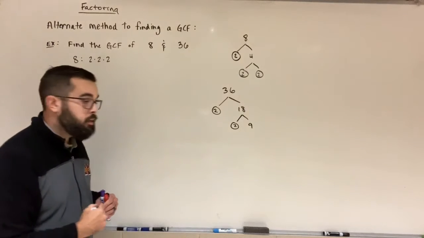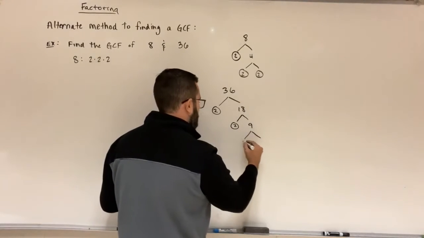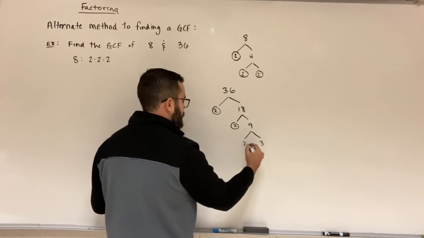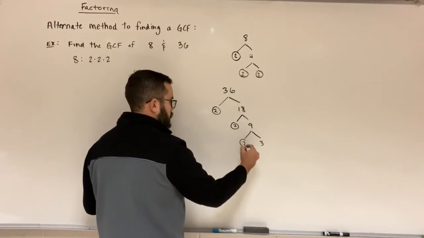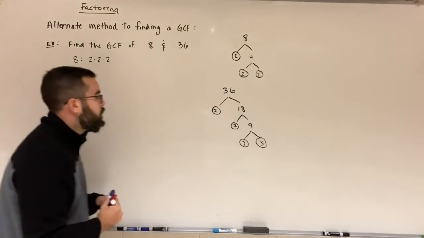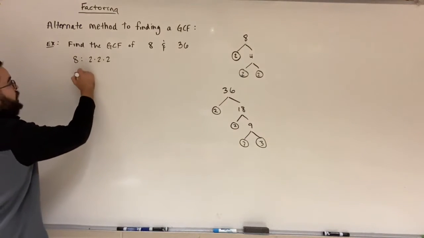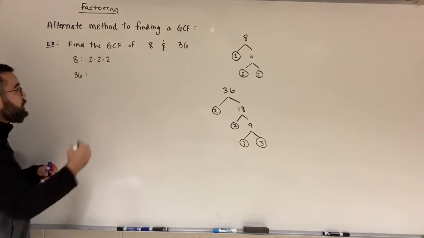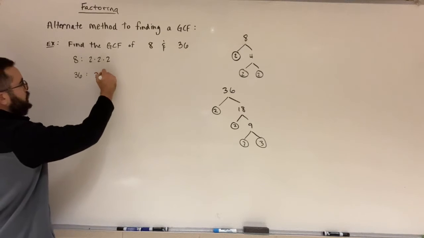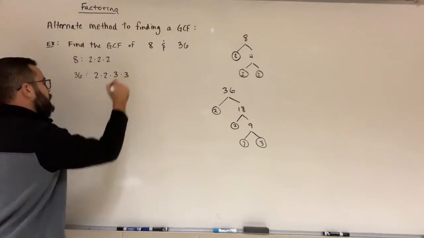It's 2 times 9. And then 9 is 3 times 3. So 2 and 3 are both prime. So the prime factorization of 36 is 2 times 2 times 3 times 3.